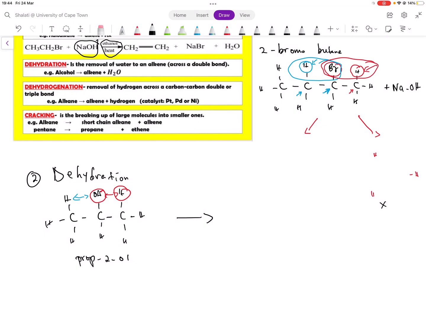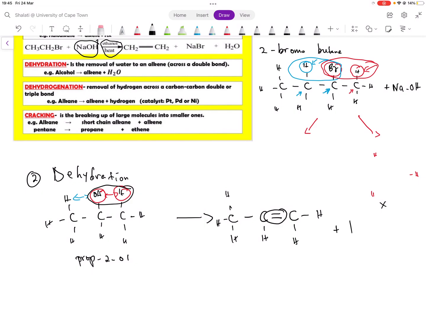So the first carbon, if I want to remove these ones, the first one will stay the same. The second one, the first hydrogen stays the same, but the OH is gone. So I will have a double bond here. Then the last carbon, the 2 hydrogens are still there, but the other hydrogen is gone, which explains the formation of this double bond.